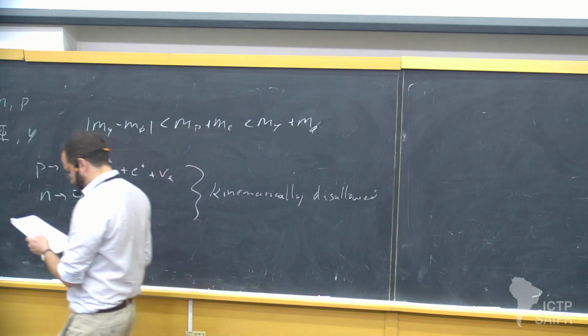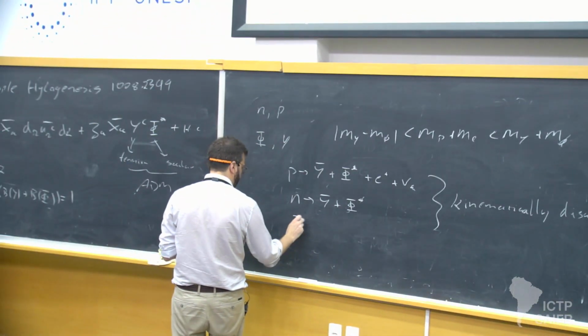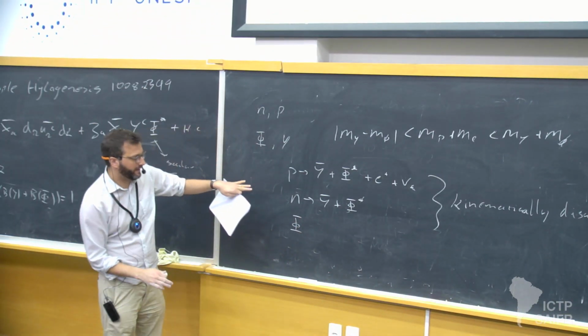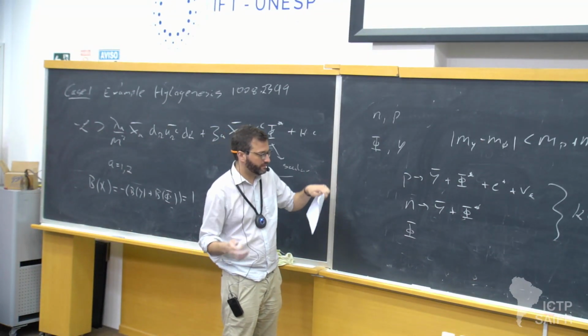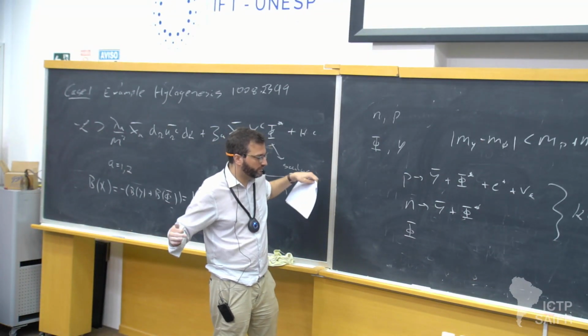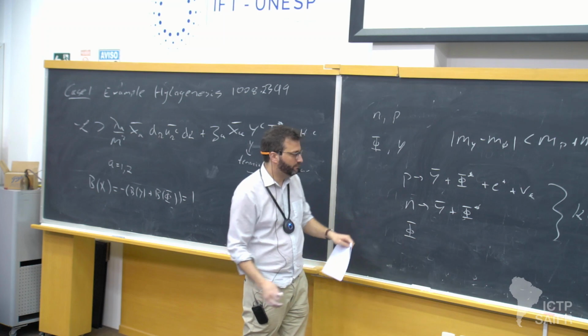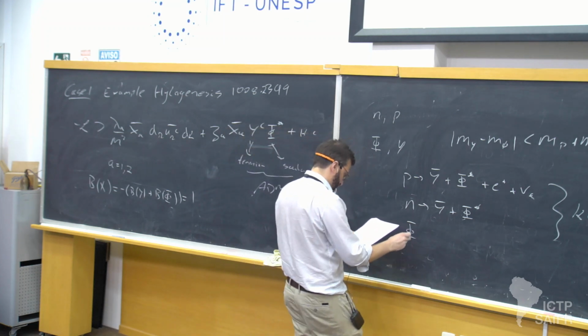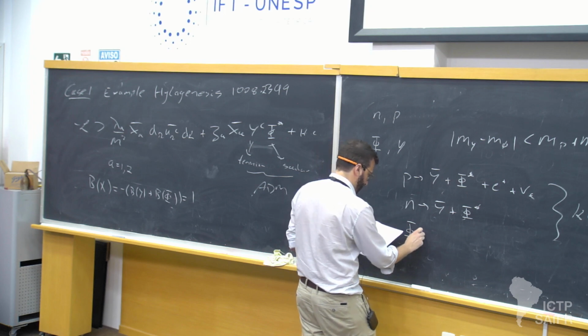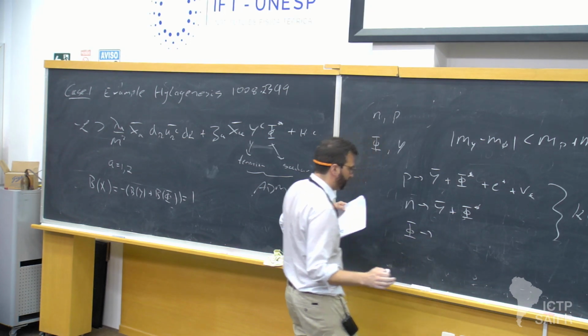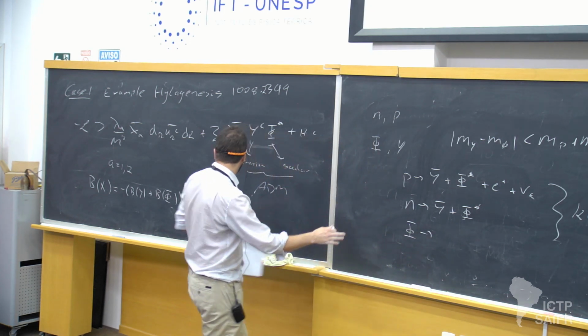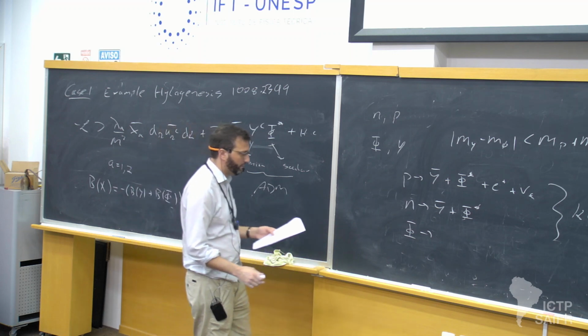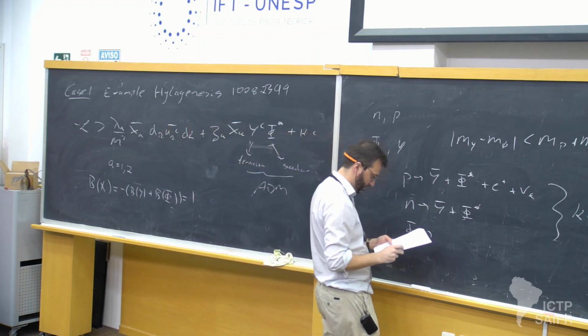So the visible matter which carries baryon number won't decay into dark matter, right? Which carries the generalized baryon number, the anti-dark matter.